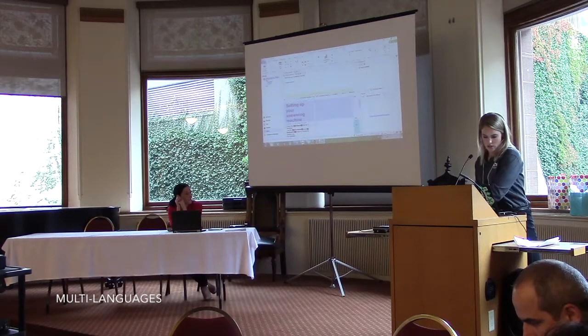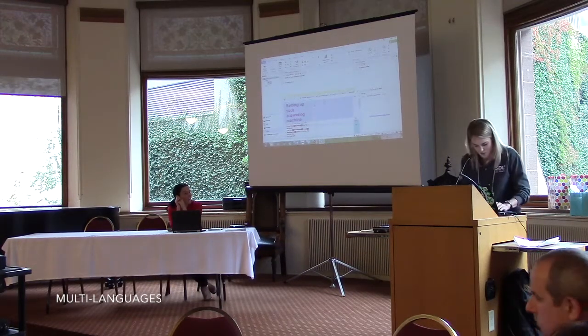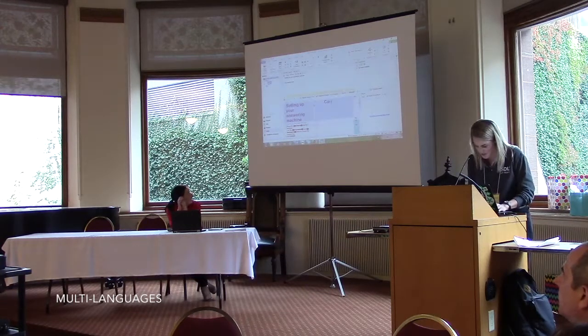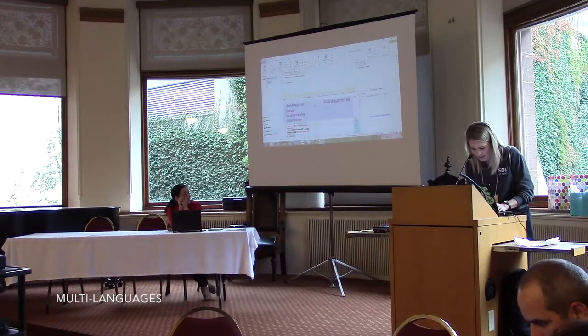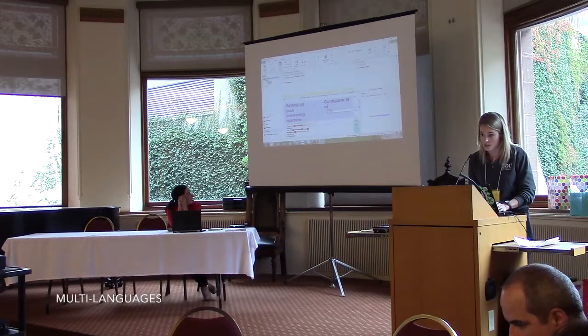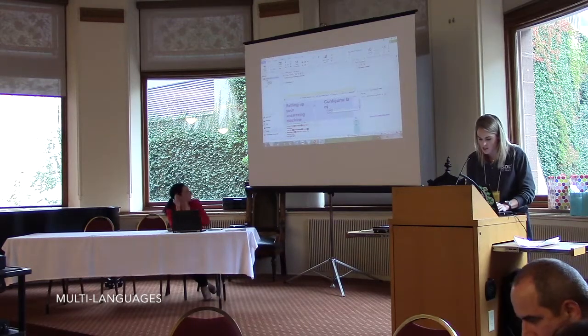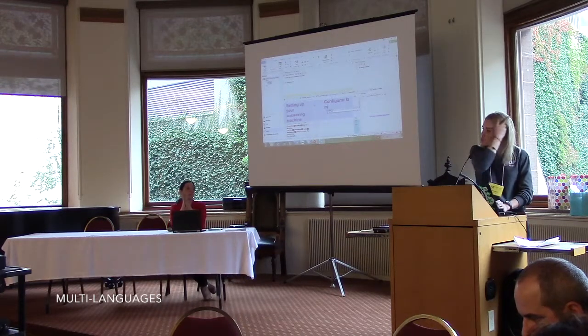So I don't speak Spanish, so I have my translation here. Configurar. So you'll see this is the AutoSuggest in action. It gets these suggestions from an AutoSuggest dictionary you can create.